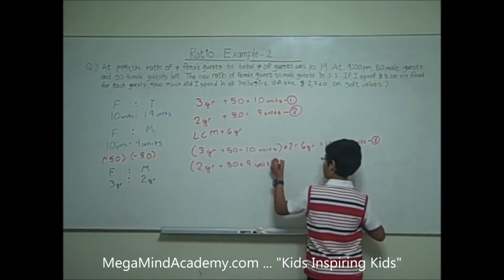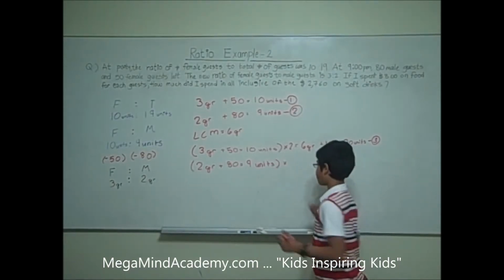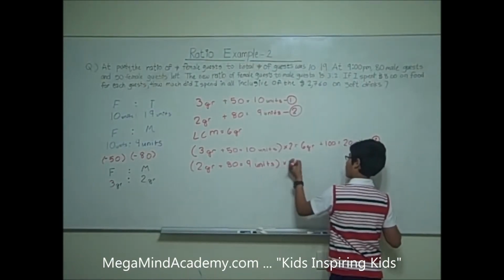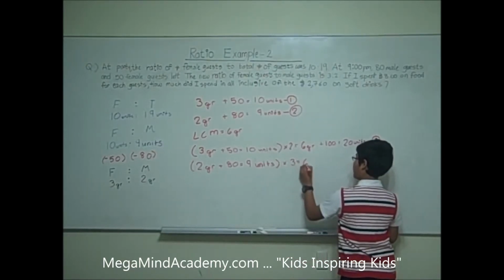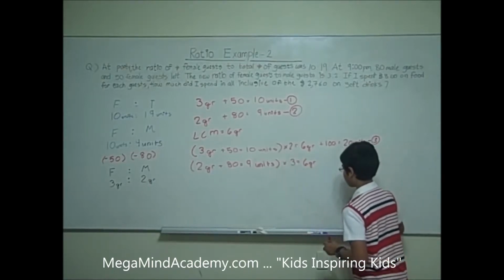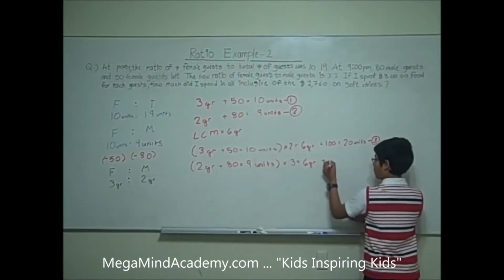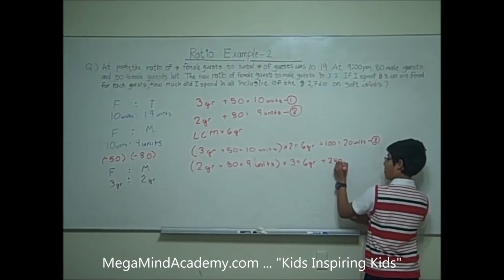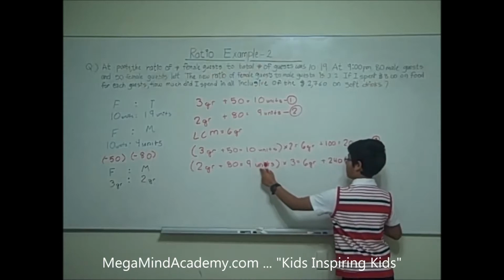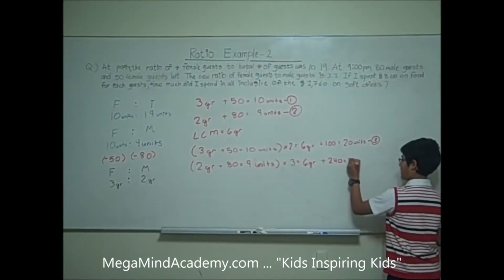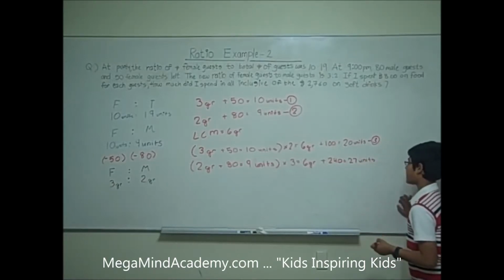This is equal to 3 times 2GR is 6GR plus 3 times 80, which is 240, is equal to 3 times 9 units, which is 27 units. This is equation 4.